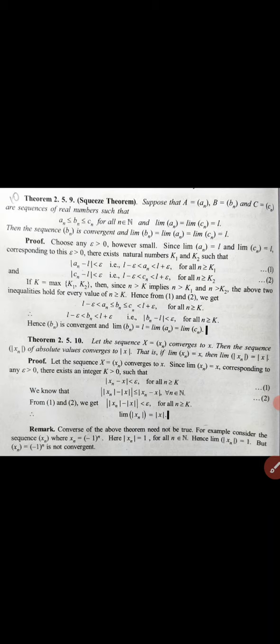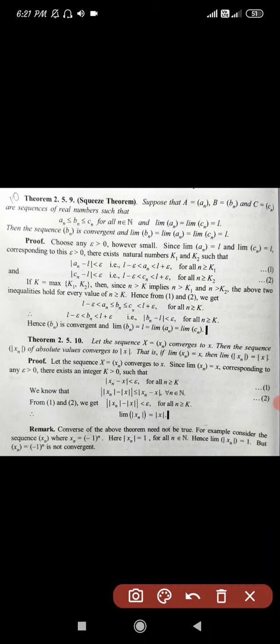Proof. Choose any epsilon greater than 0, and it is given that limit of an equals l and limit of cn equals l. Corresponding to this epsilon greater than 0, there exist natural numbers k1 and k2.